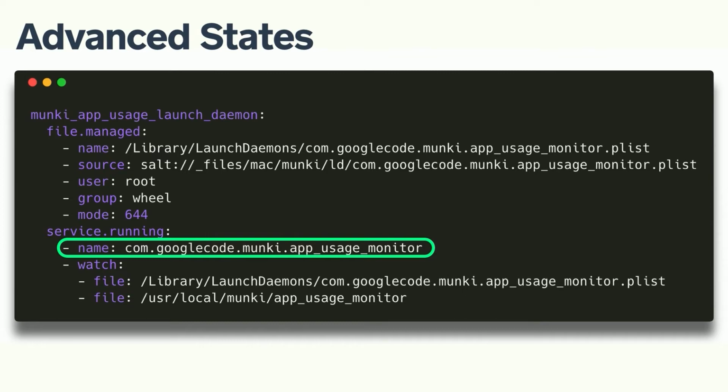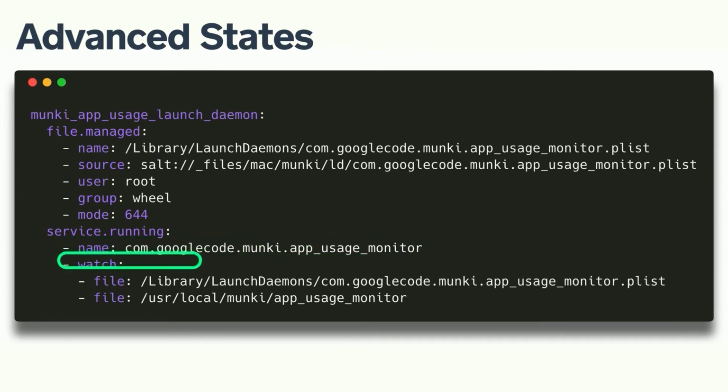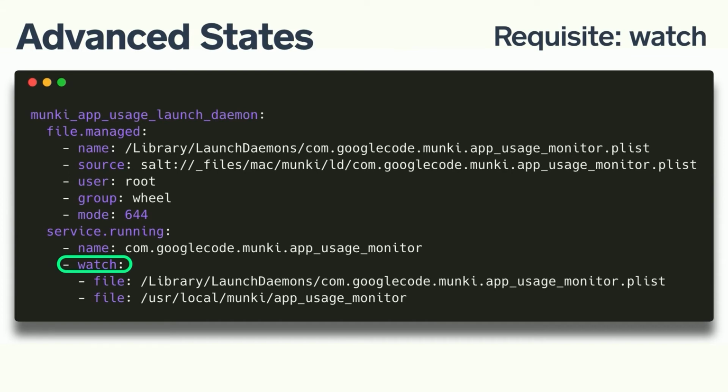So now let's take a look at this fun little guy called watch. This is a requisite. So the service module in Salt, if you specify a watch requisite, and if any of the requisites are true, it'll restart the service.